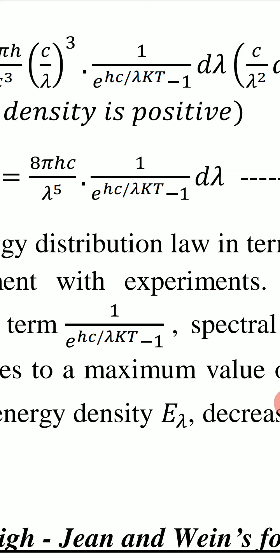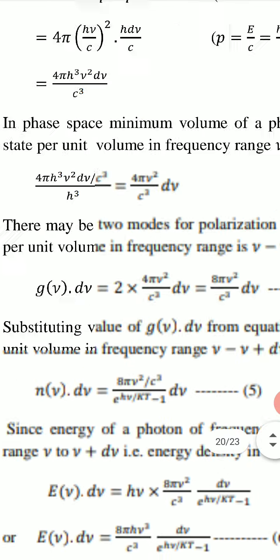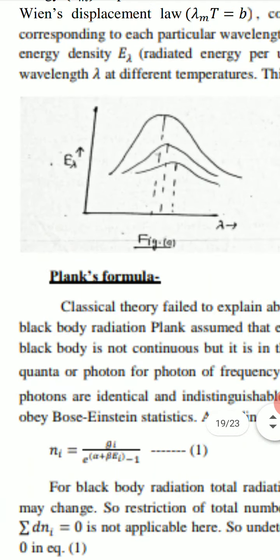So E lambda initially increases with lambda, then reaches a maximum value, and then it decreases, because the second factor, 1 upon lambda to the power 5, becomes effective for large values of lambda, and due to this factor E lambda decreases with increase in lambda, which is shown in this energy distribution curve.